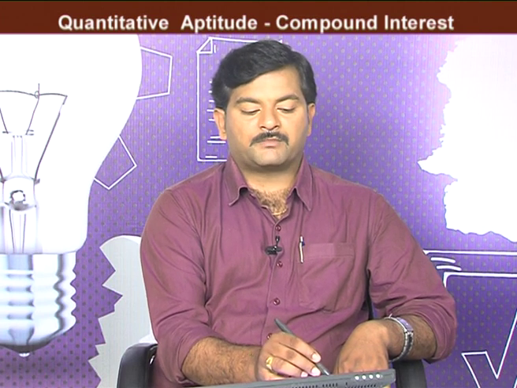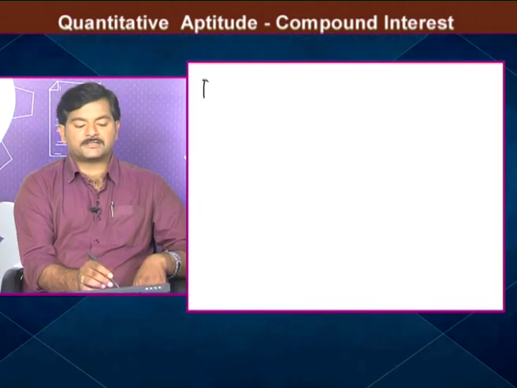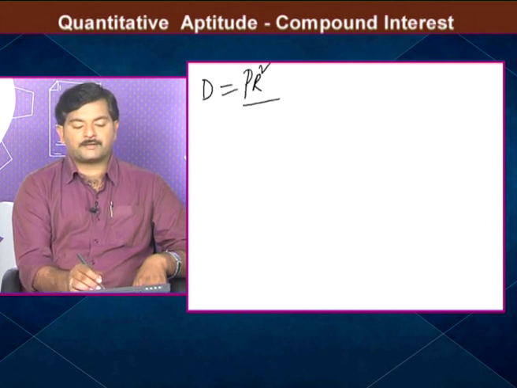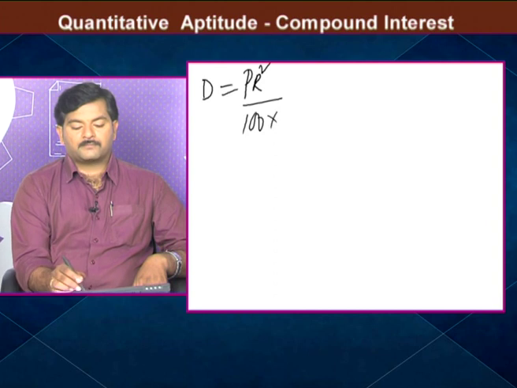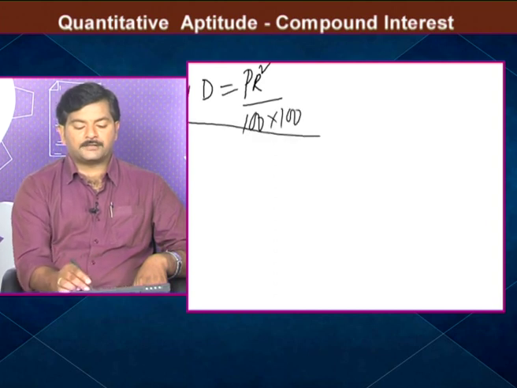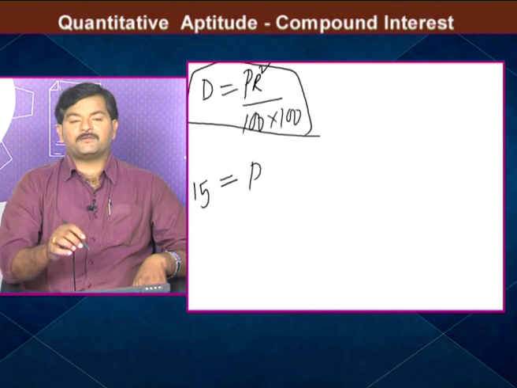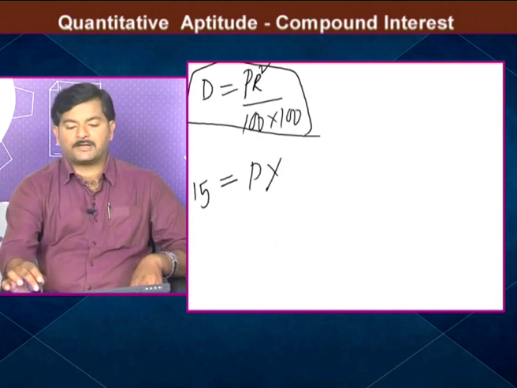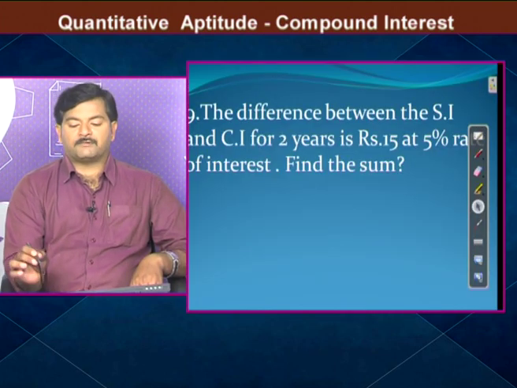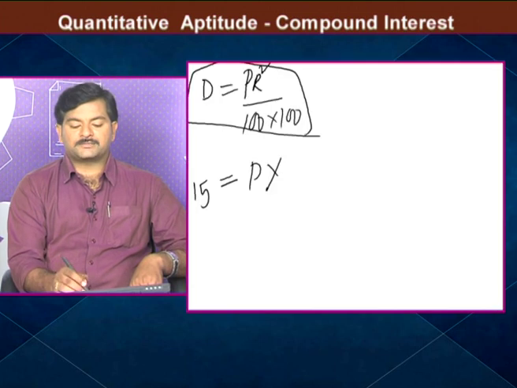The formula for 2 years is D equals PR square by 100 into 100. The difference is 15, the P value we have to find, and the R value is 5.